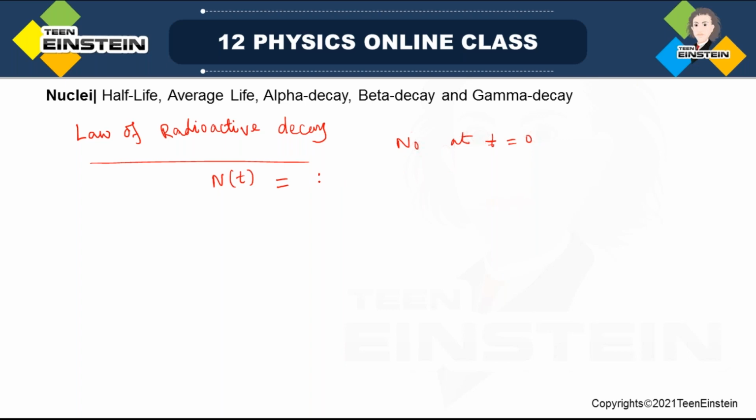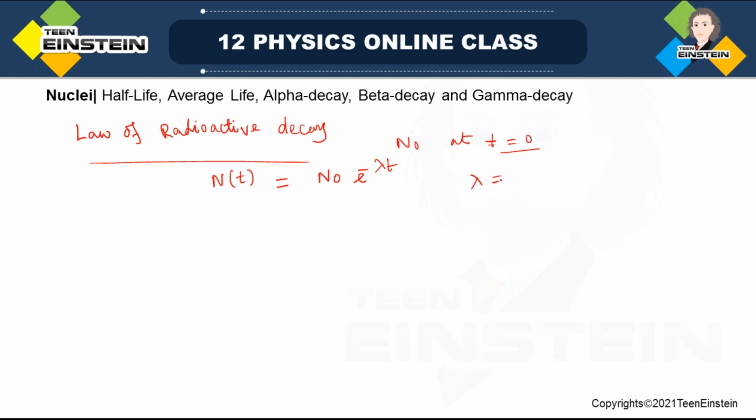That was given by the law of radioactive decay. This can be written as N(t) = N0 e to the power minus lambda t. N0 is the number initially present at t equal to 0, before it starts decaying, and N(t) is the number of nuclei present in the substance at any time.